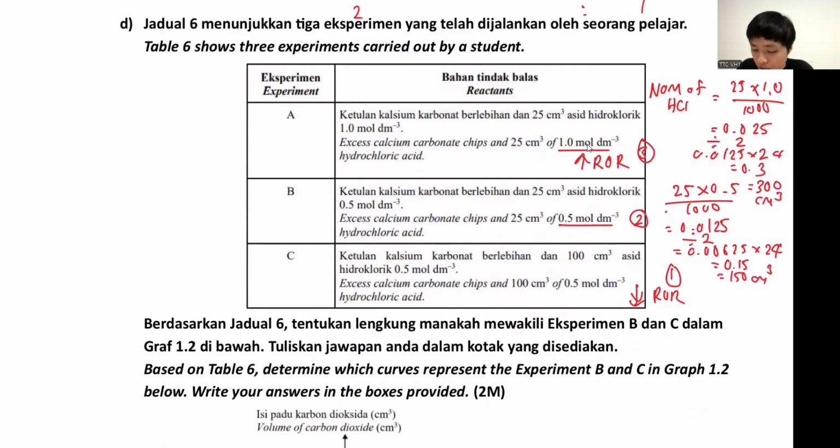For the other experiment, for C, 100 multiplied by 0.5, 0.05 divided by 2, you will get 0.025. 0.025 multiplied by 24. Then you get 0.6 dm cube, 600 cm cube.